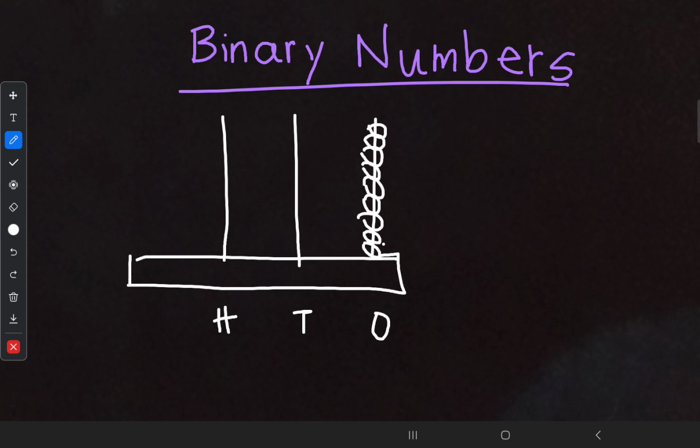We cannot denote a 10th bubble over here, because if you denote 10 here, it will become 10. So we can raise all these and put that as a tens place value.